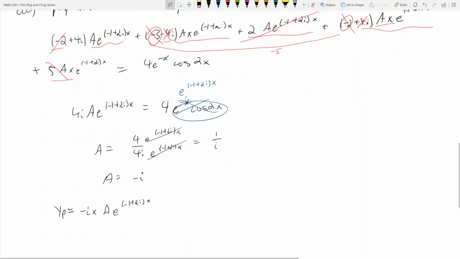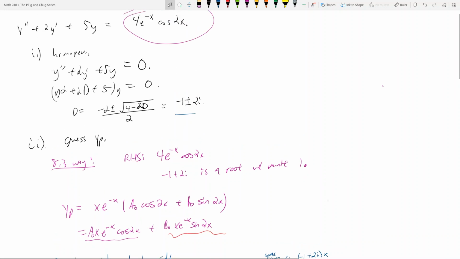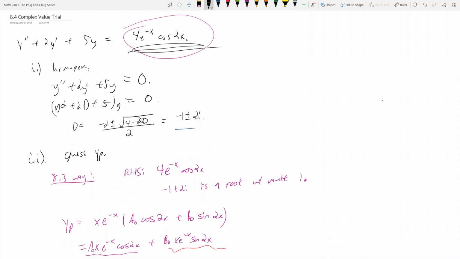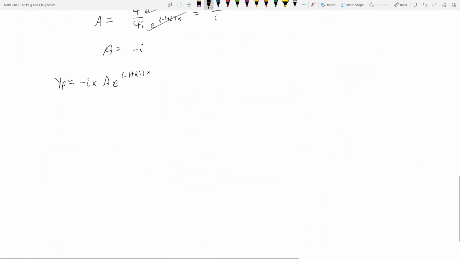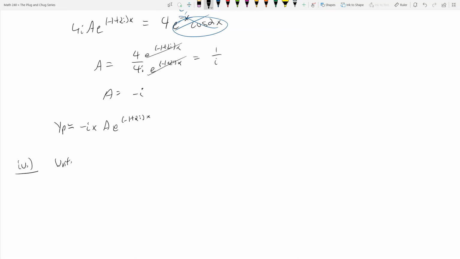Except what's the problem? You can't leave this as a solution because my right-hand side originally had a cosine term. So the last step then, step 4, and I know in the previous steps there were only 4 steps, so this one actually has 5 steps, is then to write yp in terms of sine and cosine.